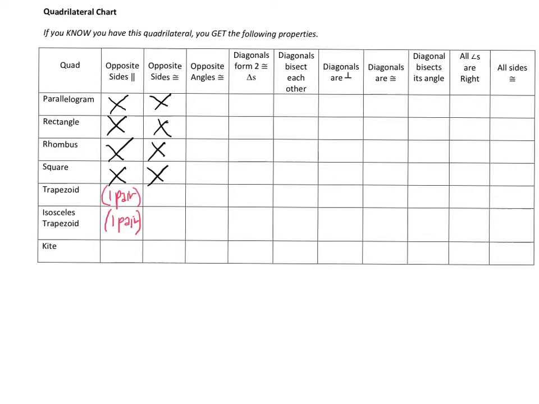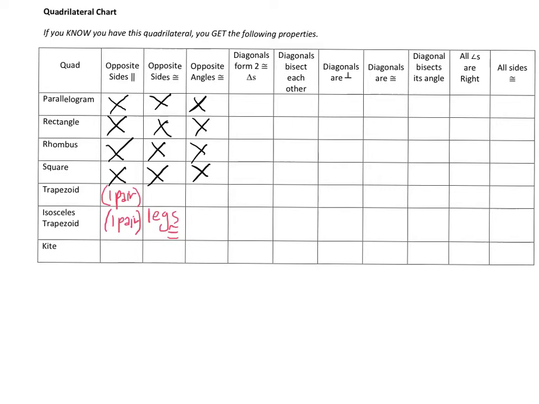So I'm going to write down here just the legs are congruent. And once again, not for a kite, because that's those consecutive sides, not opposite sides. Opposite angles congruent. We know that to be a property of parallelograms, so I can check all the parallelograms. Not necessarily for a trapezoid or isosceles trapezoid.